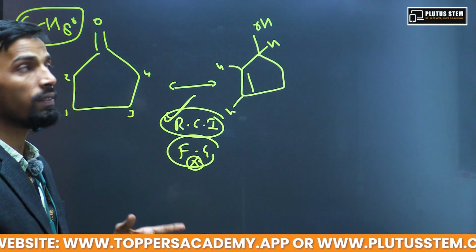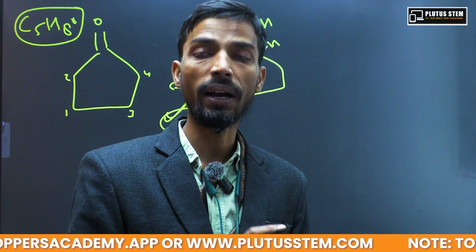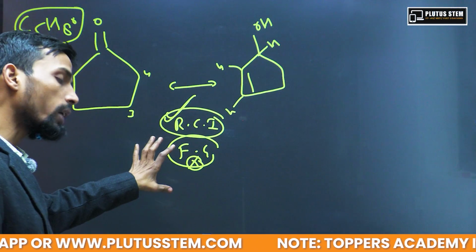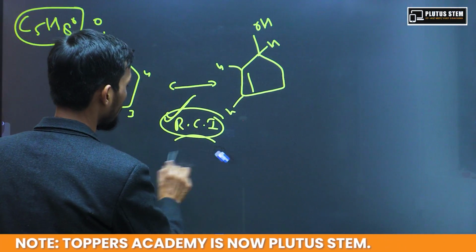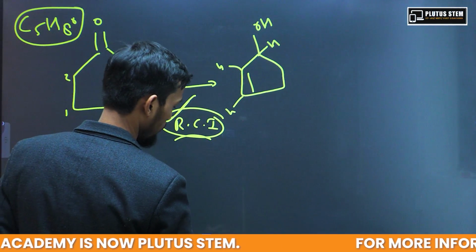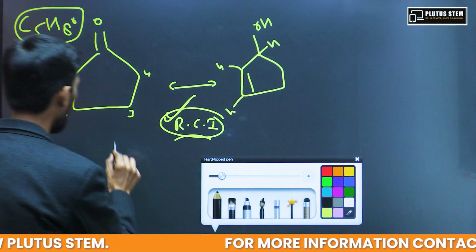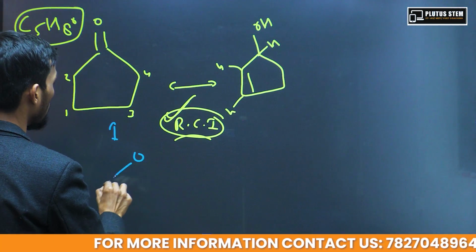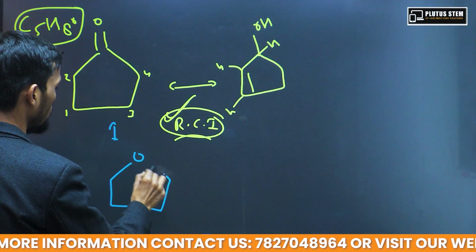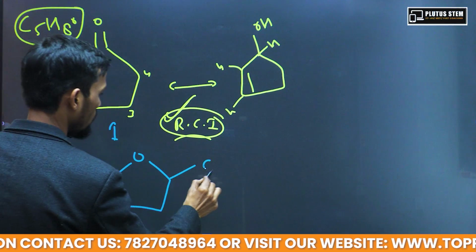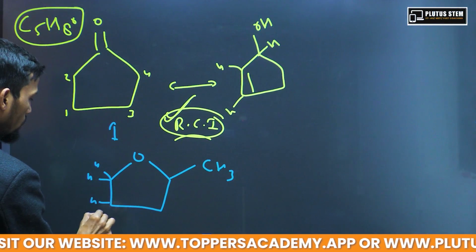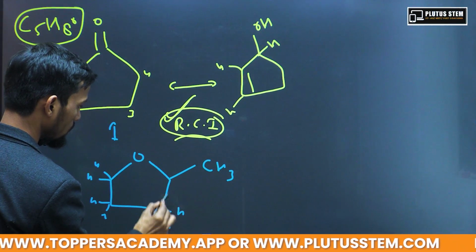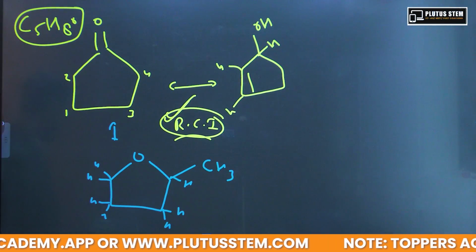If you are not given the option of ring chain, then you can name them functional group isomers also. But on the basis of priority, they are ring chain isomers. One more, if you see, these are C5H10O.